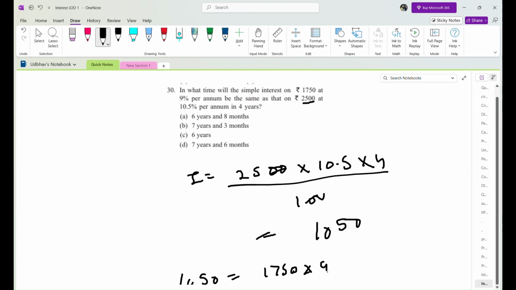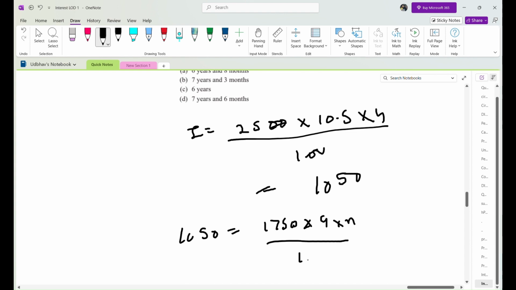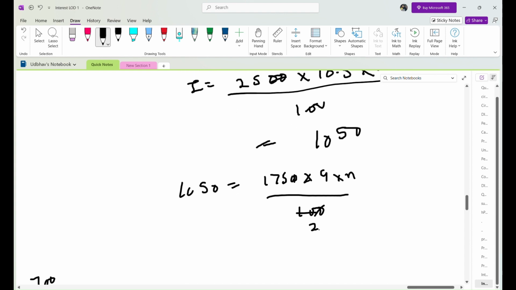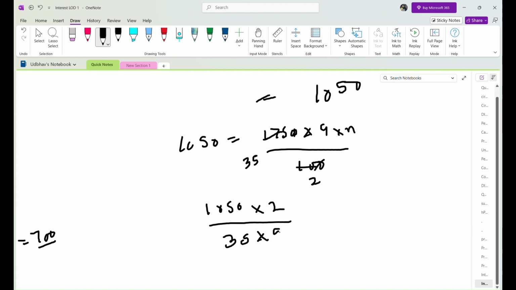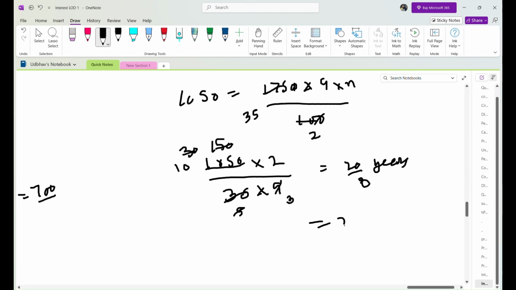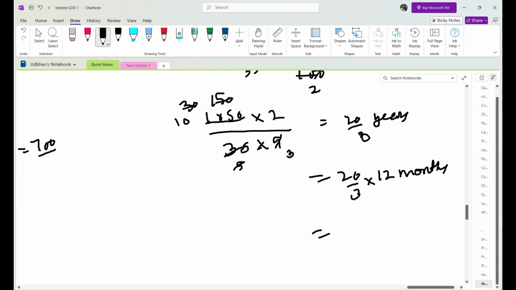The rate is 9% and we want the time. 1050 into 100 upon 1750 into 9 gives 20 upon 3 years, and that will be 20 upon 3 into 12 months. That is 80 months. Wow, 80 months.